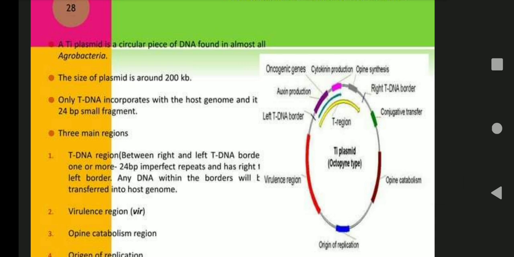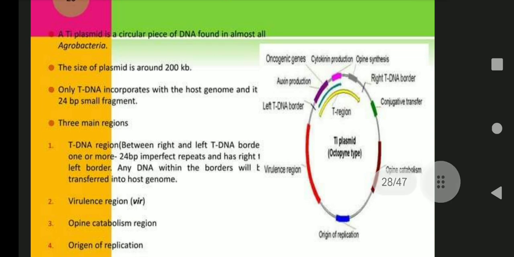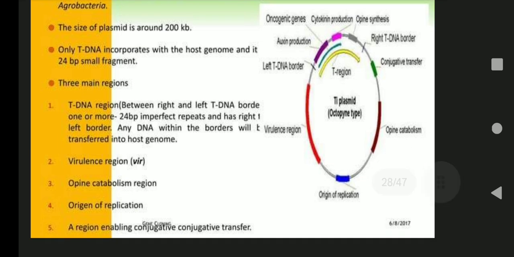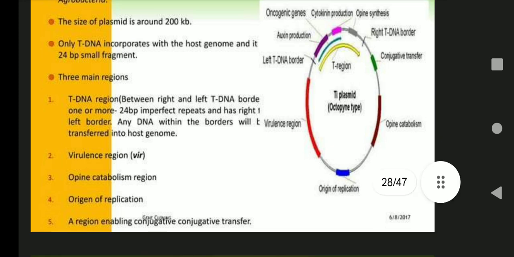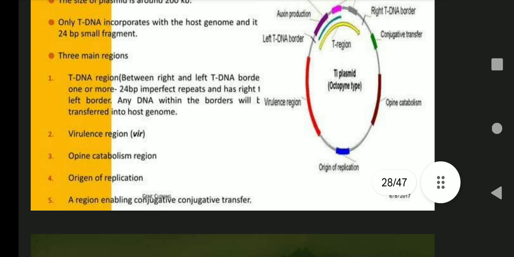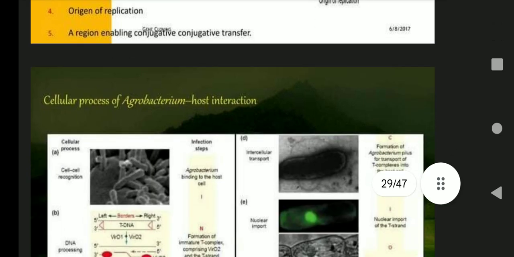You can see the left border as well as the right border of this particular T-DNA, and the virulence genes which are responsible for causing the infection, and opine catabolism that is done by the opine genes, and a region which is responsible for conjugative transfer is also shown here.